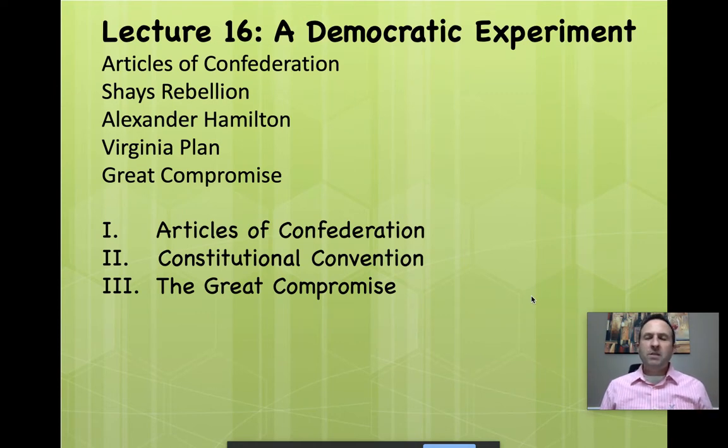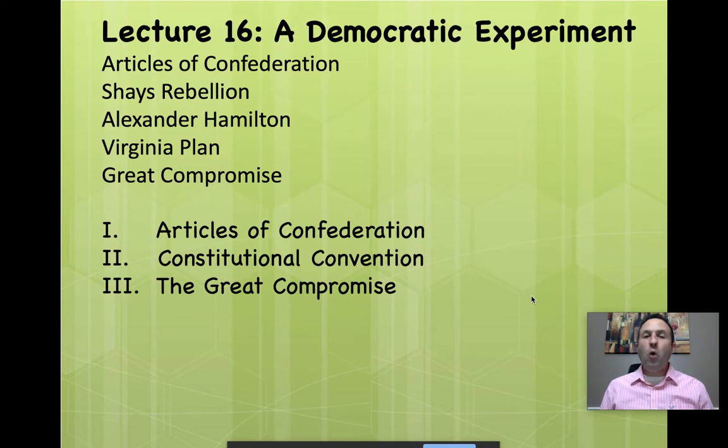In many ways, the drafting of the Constitution and the ratification process depart from some of the key logic of the American Revolution itself, in ways that some former colonists, some of our founding fathers, found deeply troubling.